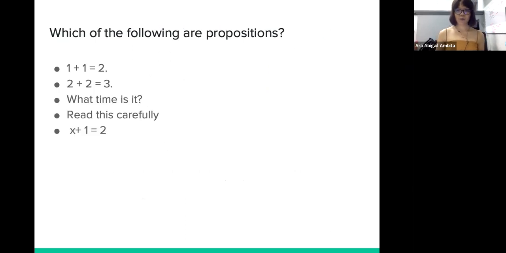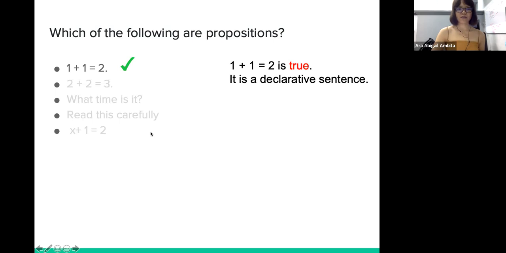Okay, so let us have more examples. We have the following statements, and we will determine which of these are propositions. Let's start with the first one. 1 plus 1 is equal to 2. It is similar to the previous example, except that this one is expressed in a mathematical way.